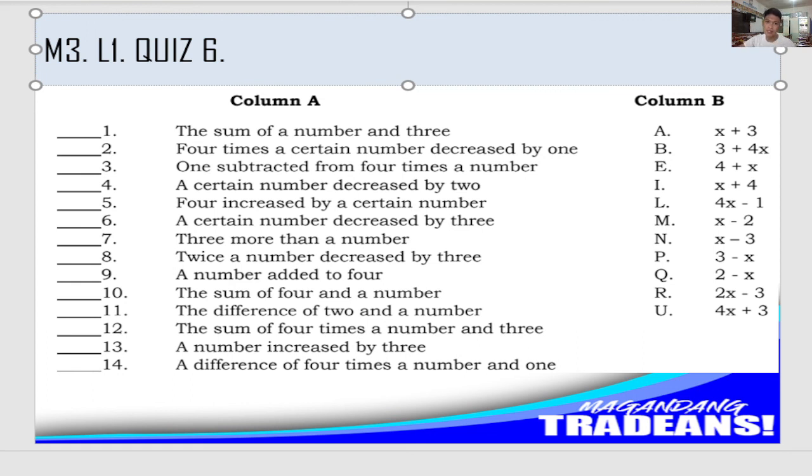Okay, for our quiz number 6, I would like you to answer the following by matching column A to column B. Choose the letter of the correct answer from column B and match it with column A. So just write the answer on numbers 1 to 14. Now, you don't need to copy the column B, you just need to copy column A and the answer.